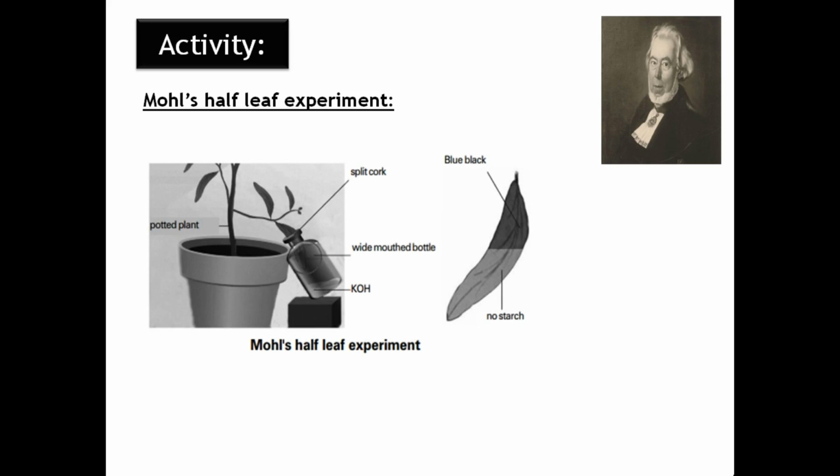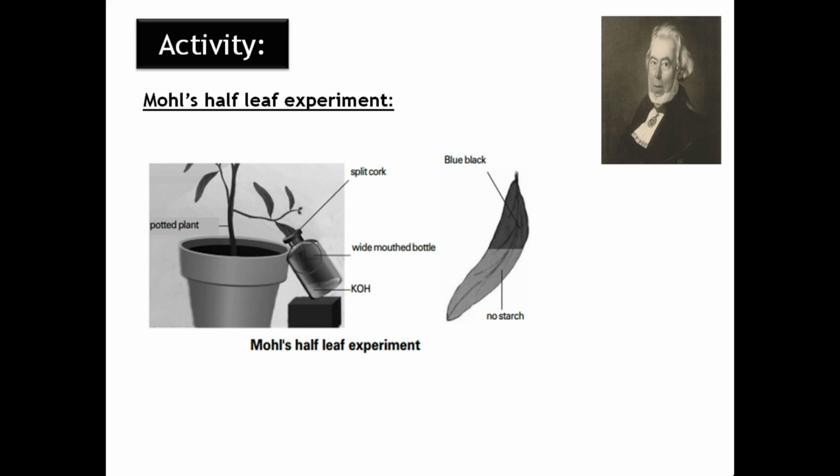What do you mean by a destarched plant? Take a plant and put it in the dark for about 1 week so that the plant completely utilizes whatever starch is present in its leaves and becomes starch free. That is what we call a destarched plant.